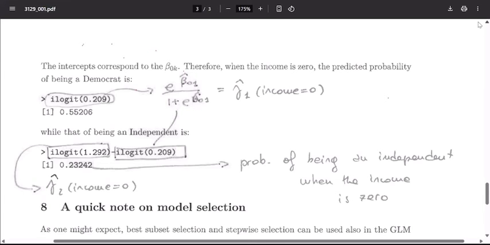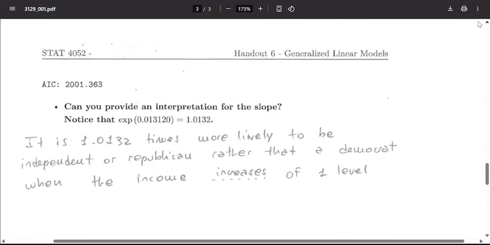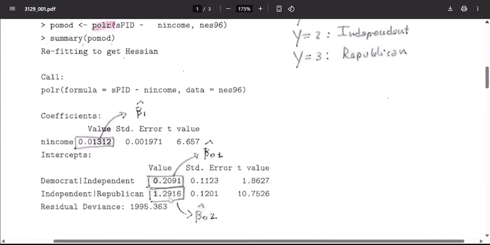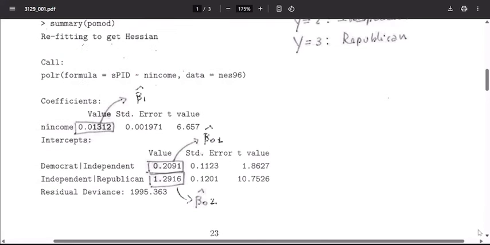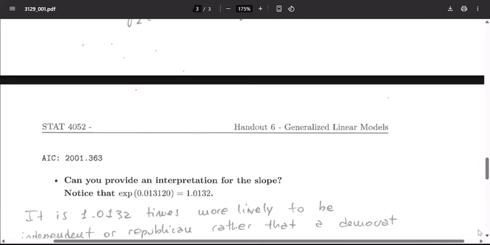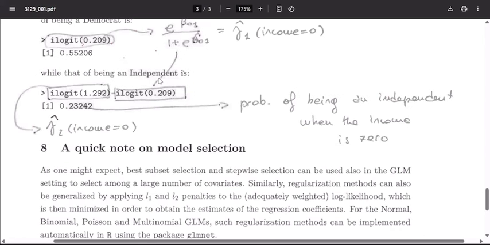Both 0.209 and 1.292 should be intercepts in the model. Can you see them? They are intercepts in the model, so the logit of that needs to be subtracted to get the probability for independent, because the 2 has independent in them.